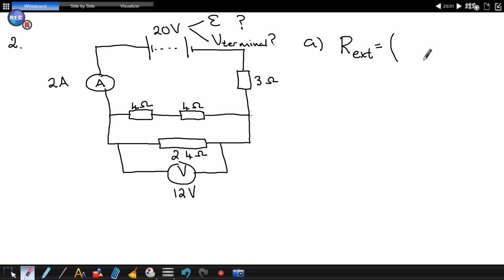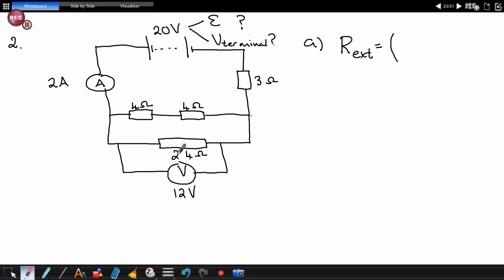I don't know what the external voltage is. Or the voltage across the 3 ohm, we can do that. You can, but then you're doing more than one calculation, because they want the resistance.